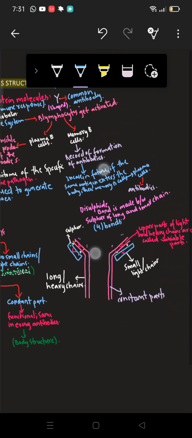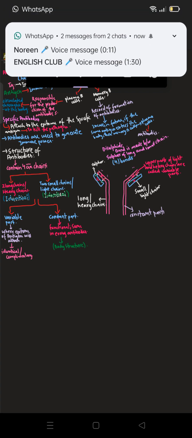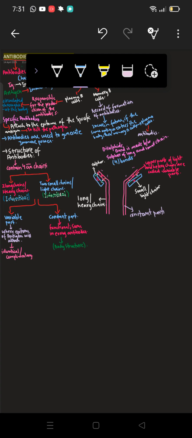Now we are going to discuss the sulfur-sulfur loop. What is a sulfur-sulfur loop? Each light chain has 2 sulfur-sulfur loops, and each heavy chain or long chain has 4 sulfur-sulfur loops.